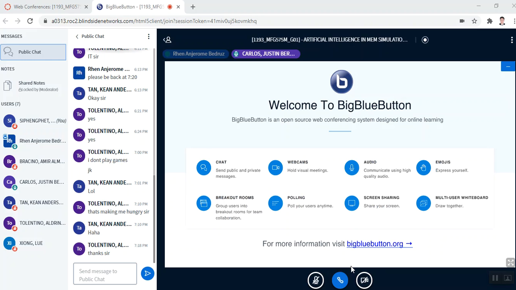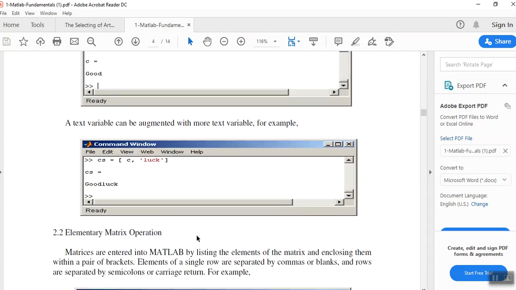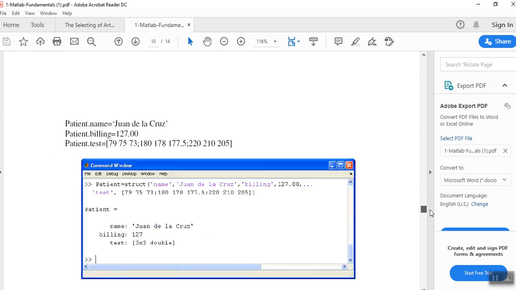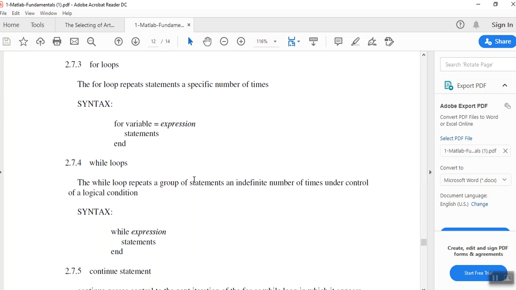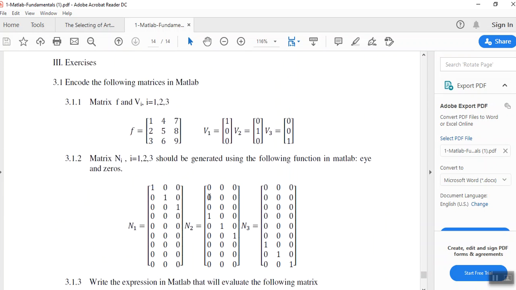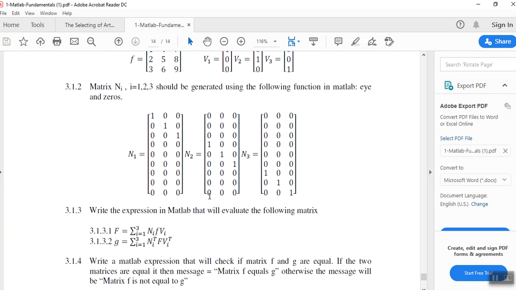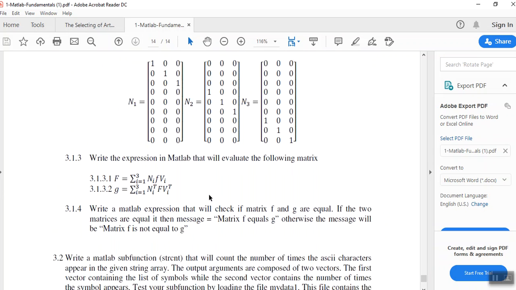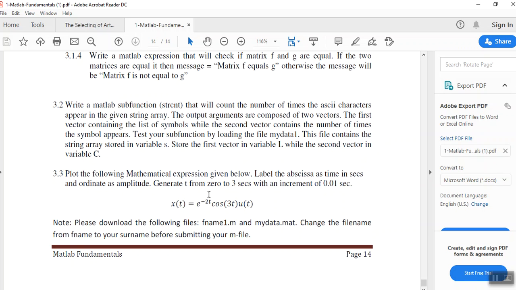I'll check my Canvas file as well. Yes, 3.2.